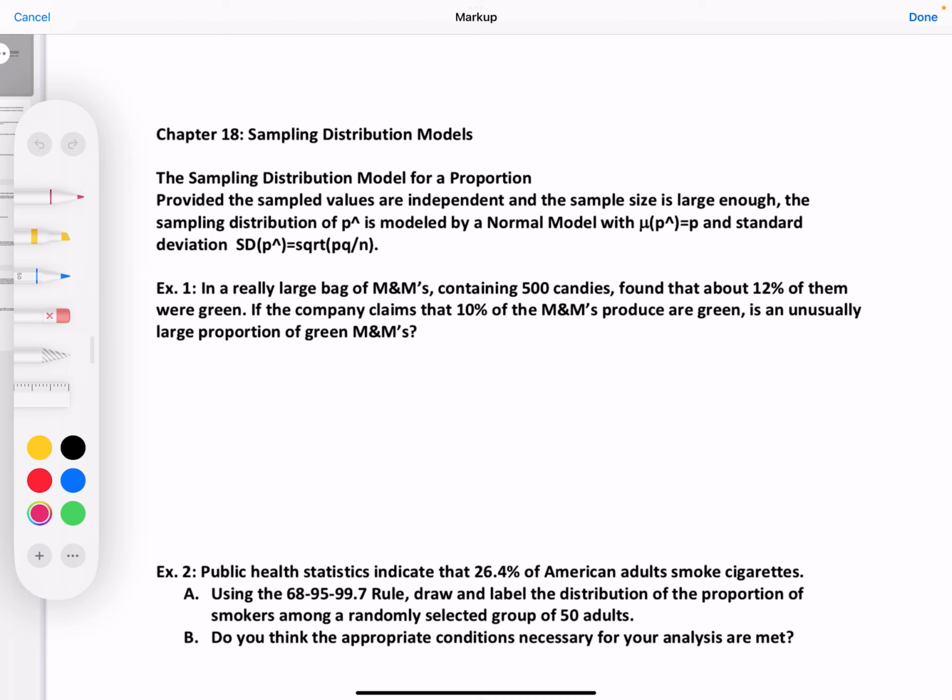So our mean, according to them, is that 10%, so it's 0.10, and n is how many are produced. Standard deviation is the square root of 0.10 times 0.90 over 500.